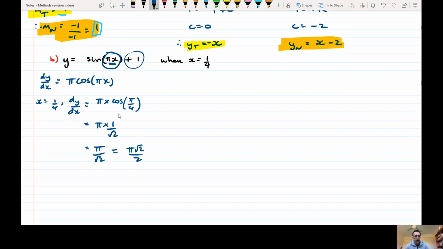Which then means that the gradient of your tangent is equal to pi root 2 over 2. And the gradient of the normal then is negative 1 divided by that, which gives you negative 2 over pi root 2.